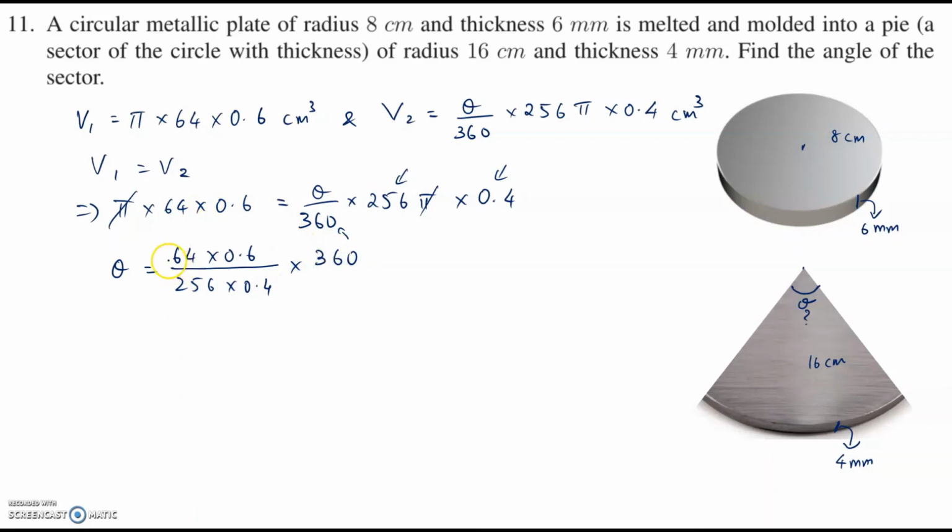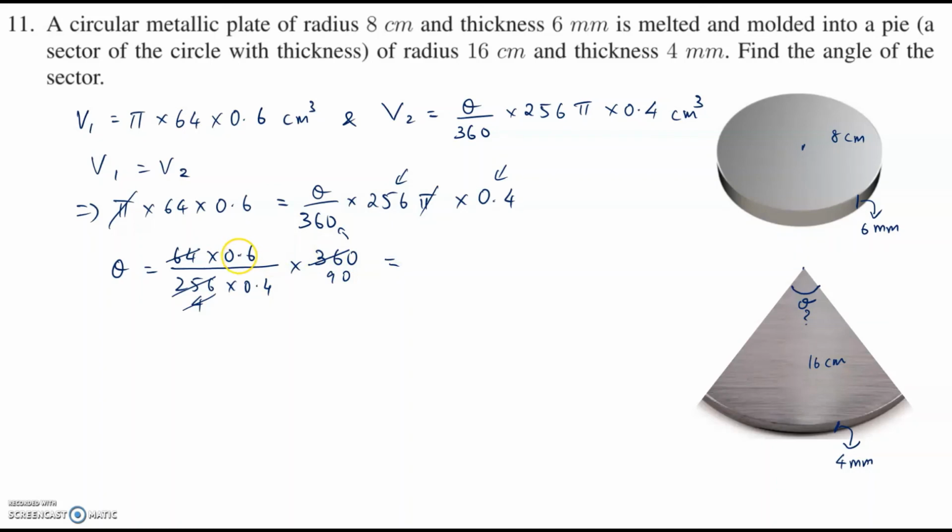Further simplifying, 256 is 4 times 64, so you can cancel the 4, and it will be 90.